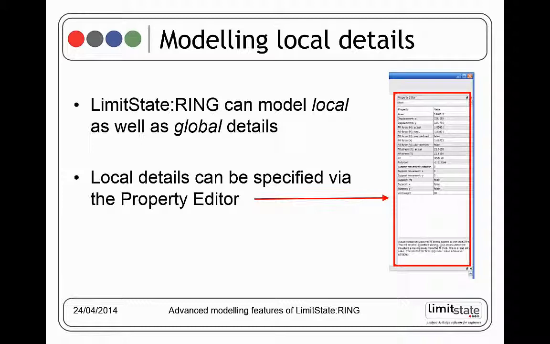So pretty much anything that you can do globally, you can do locally. For example, you can apply mortar loss in a global sense, or you can apply mortar loss in a local sense. And in a local sense, you do that by selecting a contact or group of contacts where you want to apply the mortar loss, and then you enter the amount of mortar loss that's involved in that particular case.